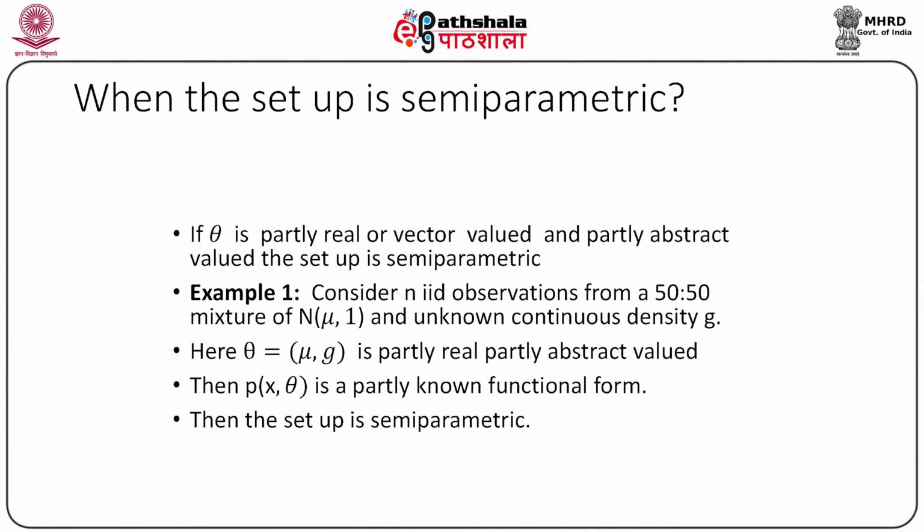So Px theta, the joint density function, is partly known and partly unknown. Here theta, the unknown quantity, contains mu and g. Therefore theta is partly abstract valued and partly real valued.